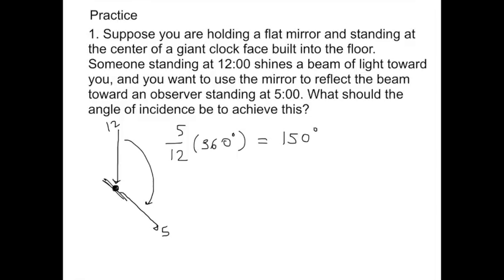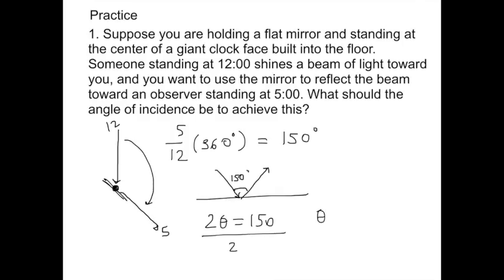So we know from the lesson on flat mirrors that the angle of incidence will always equal the angle of reflection, and we want these two to add up to 150 degrees. So essentially 2 times theta, the angle of incidence, will need to be equal to 150 degrees. Now if I divide both sides by 2 to isolate theta, I get that the angle of incidence would need to be 75 degrees.